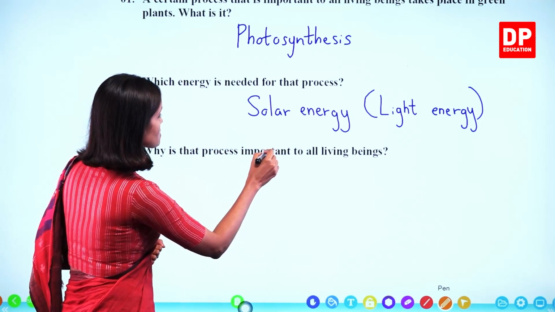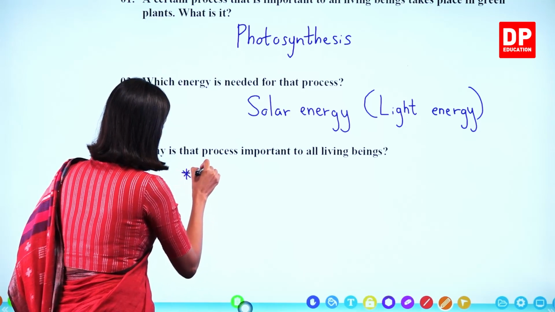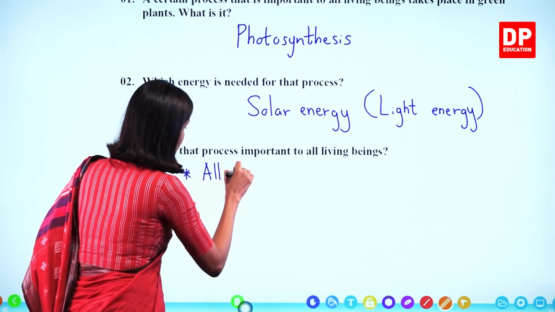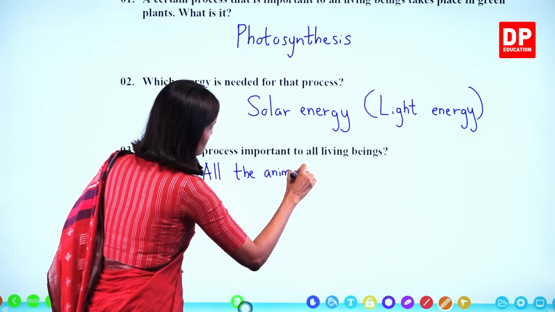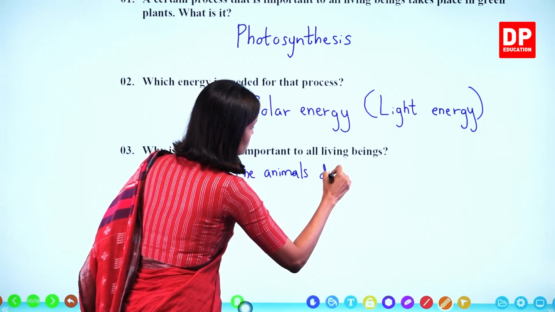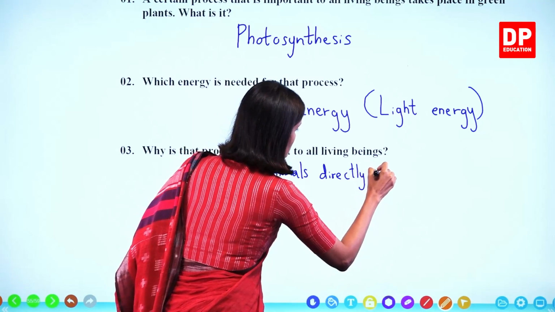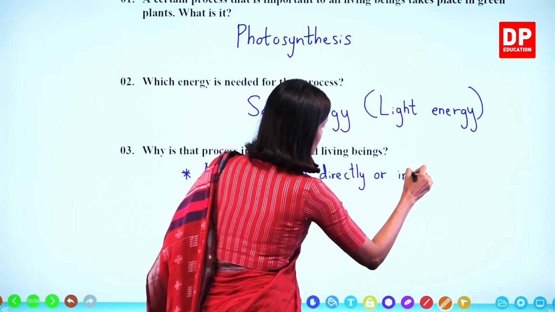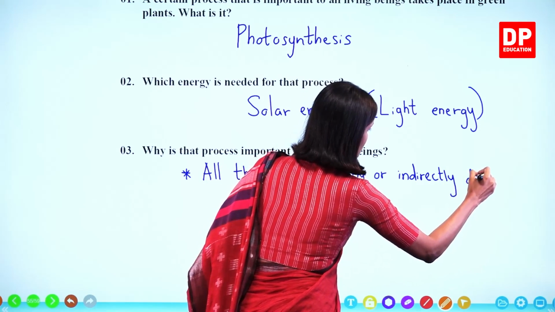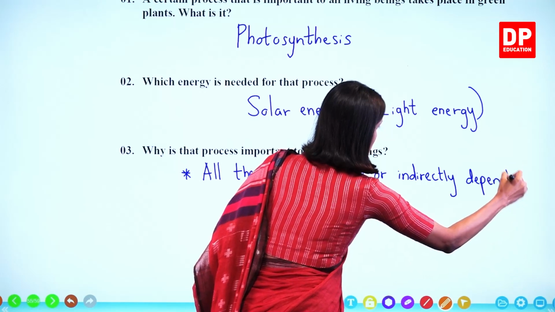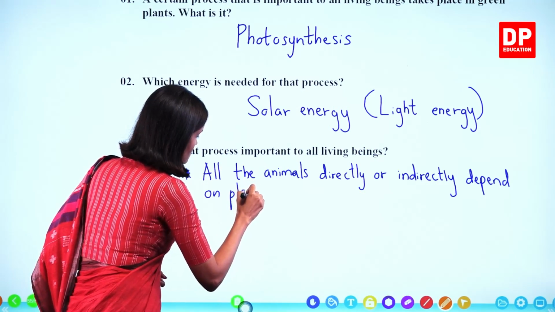Why is that process important to all living beings? All the animals directly or indirectly depend on plants.